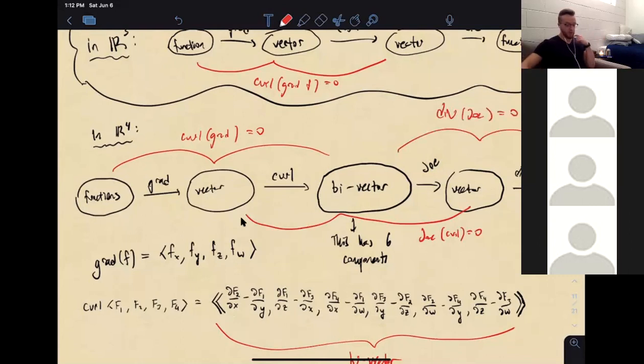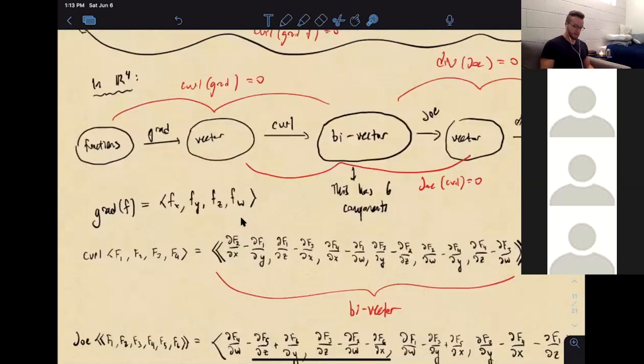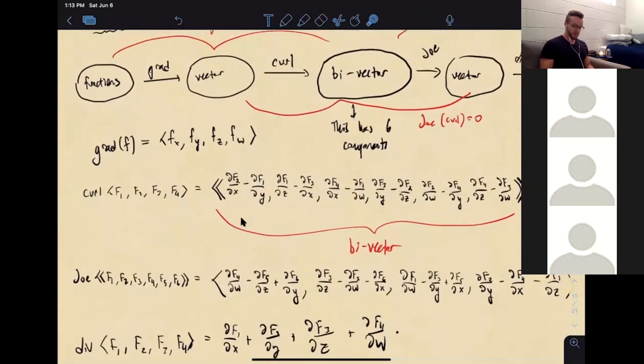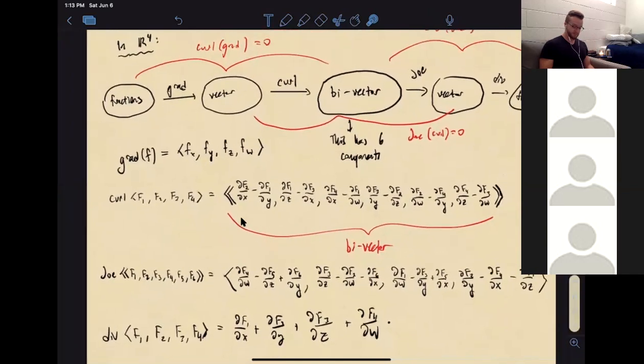And I could ask the same questions about, if the Joe is 0, does that mean there's a vector field such that the curl of that is this bivector? Or if the divergence is 0, can you find a bivector field such that the Joe of that is your vector field, and there would be fundamental theorems between these, and everything generalizes. So this is how things generalize to 4 dimensions.